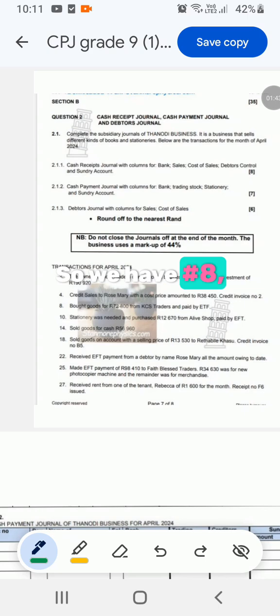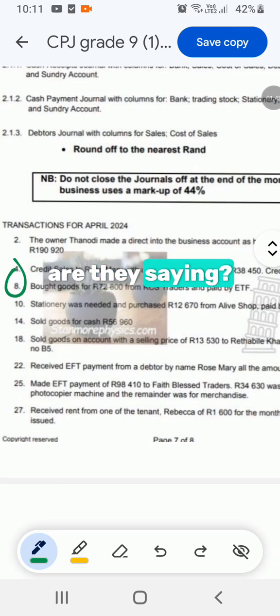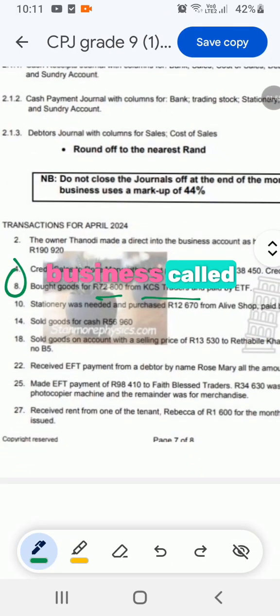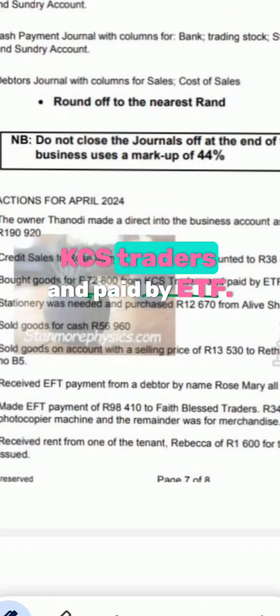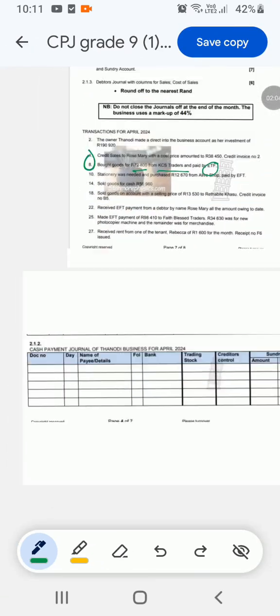So we have number 8. Let's zoom in on number 8. They bought goods for that amount from another business called KCS Traders and paid by EFT. We'll get into the terms and what they mean later.